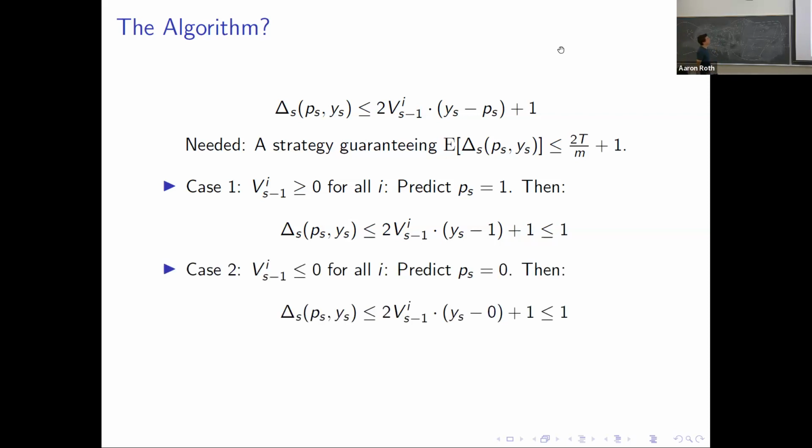Case 2, maybe actually we're biased upwards everywhere. Maybe all of these calibration loss quantities are negative. In that case, I claim we should just predict there's going to be a 0% chance of rain. We don't know if it's going to rain or not, but this term, the difference between the outcome and our prediction, is going to be non-negative.